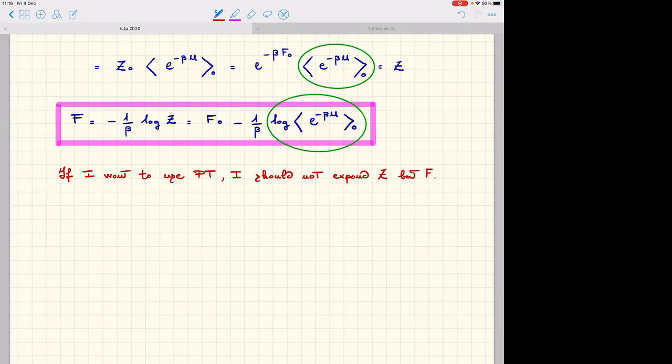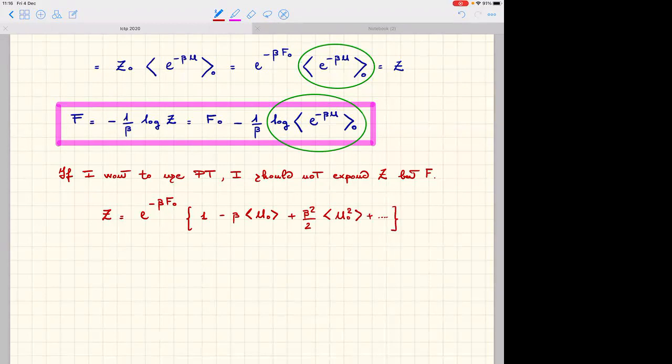So let me tell you in other words what this means. If I do perturbation theory for Z, what I would write is the following: e to the minus beta F naught times the perturbative expansion in powers of the interaction of the average, which is going to be 1 minus beta average u naught plus beta squared divided by 2 average of u naught squared plus etc., higher order terms.